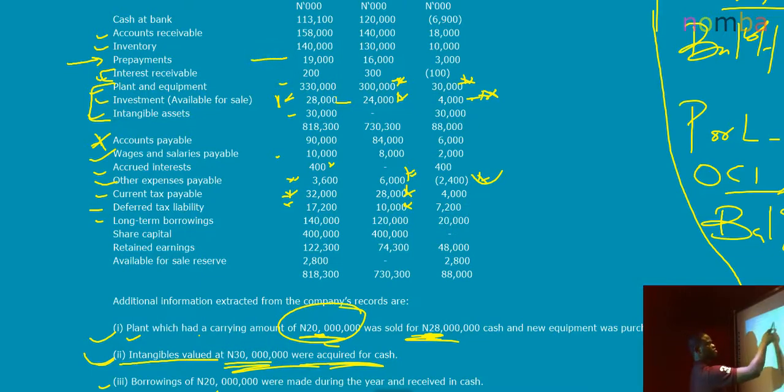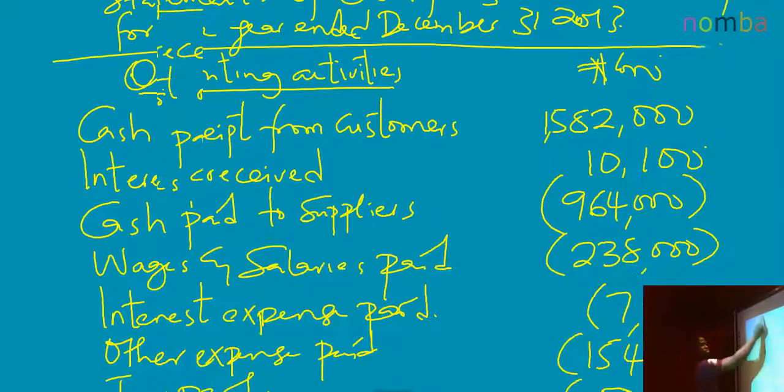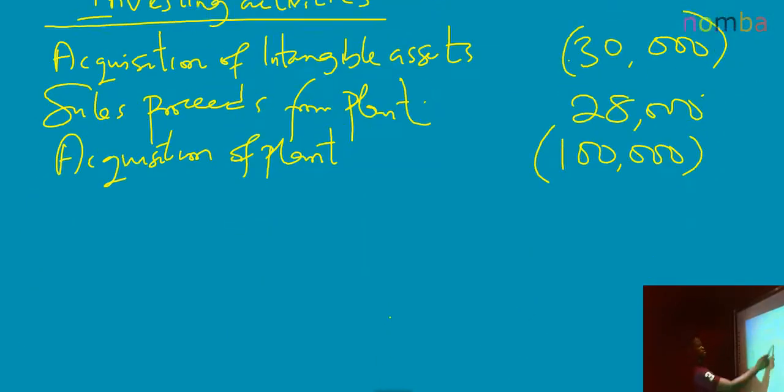Because it increased by 3,000, that means it corresponds to an addition. I should have treated it in the operating activity item, because when you prepay, that means you paid for something in advance. So you paid an additional 3,000. So we just add it here. Increase in prepayment.